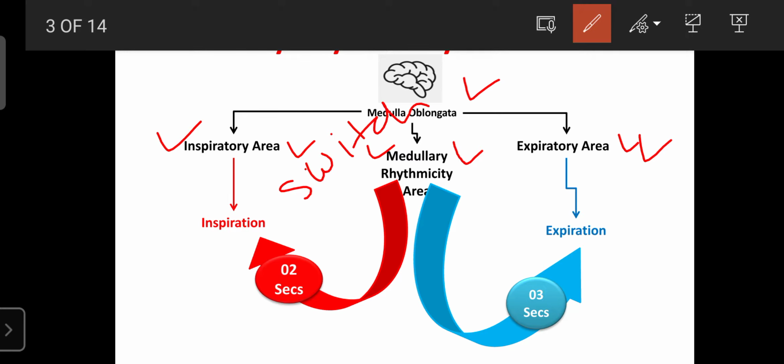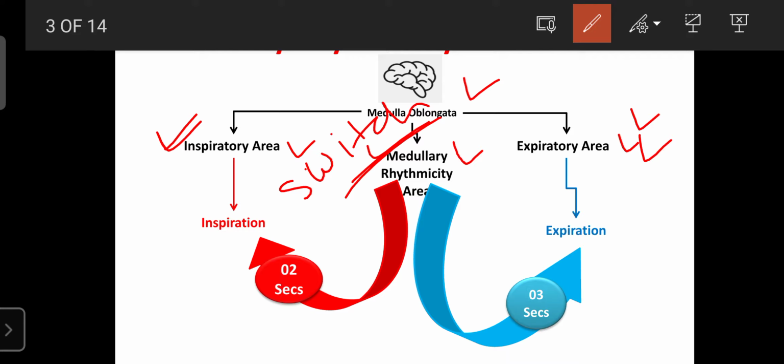It is helpful to start the fan or close the fan, start an instrument or close the instrument, start the bulb or close the bulb. Like that, the medullary rhythmicity area acts as the switch between the inspiratory area and the expiratory area.